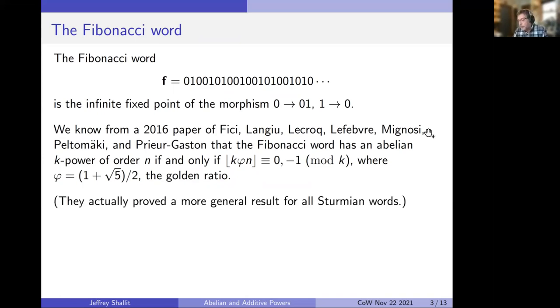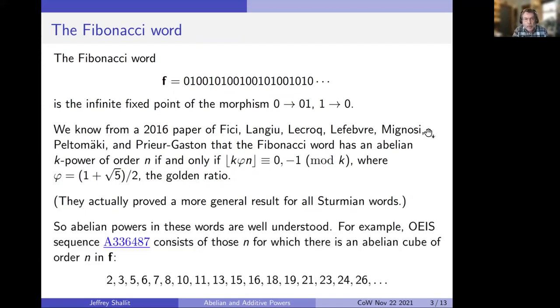They actually proved, as I said, much more. They proved a more general result for all Sturmian words. So if you want to know the abelian powers in words like the Fibonacci word, this is well understood.